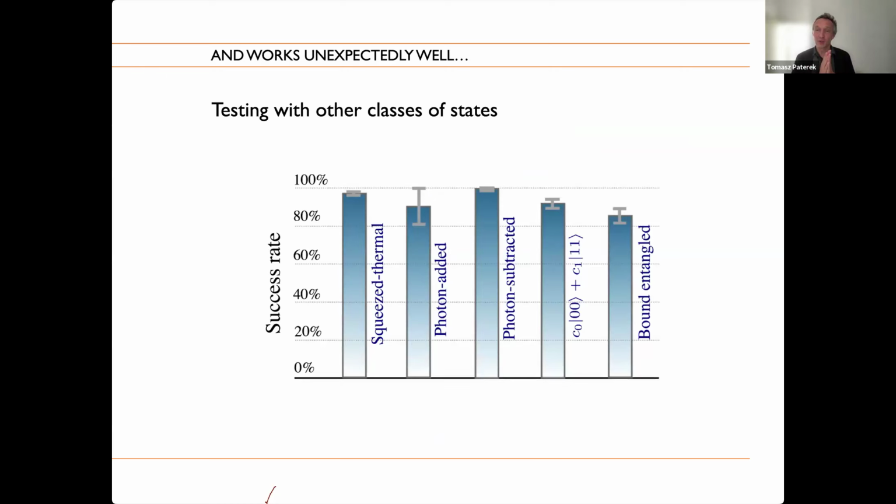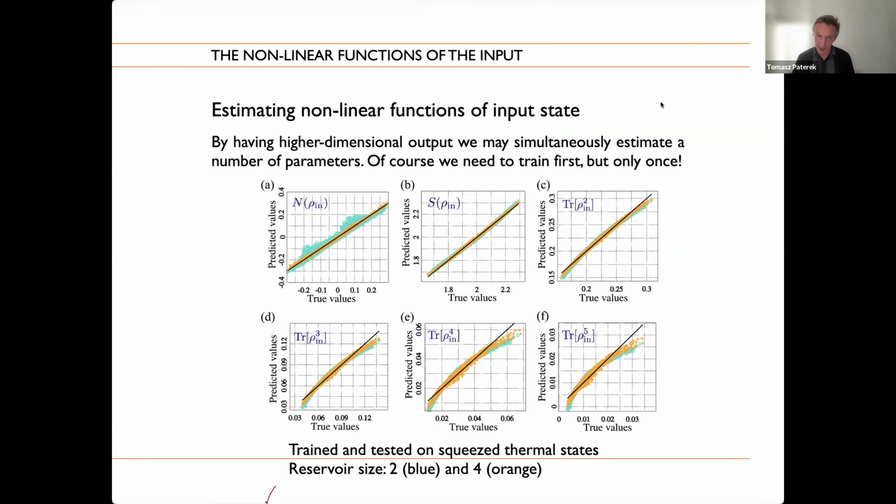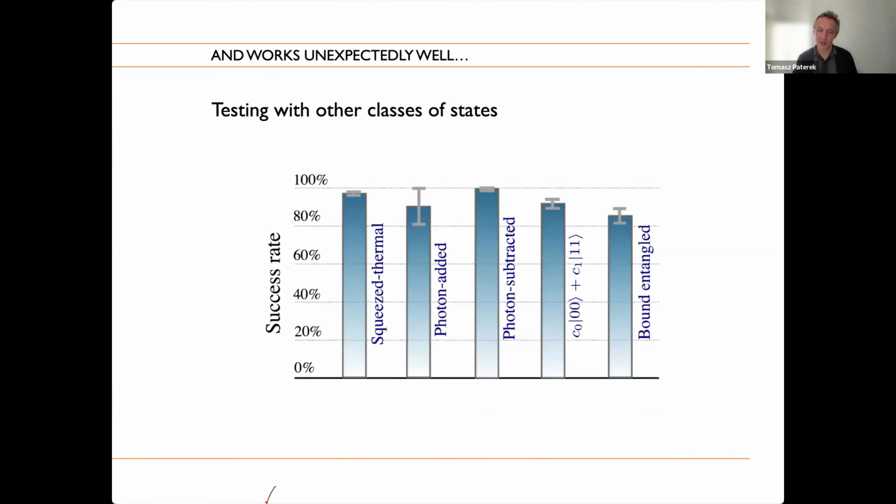Usually when people discuss neural networks, they talk about layers of neurons and train, which means fixing the weights between one neuron and the other. And here it's really nothing like that, right? You just have randomly connected nodes and you only train the one output layer. So it is a bit surprising that it works so well for states that it has not seen before.